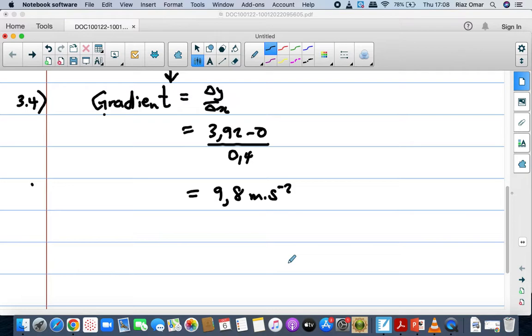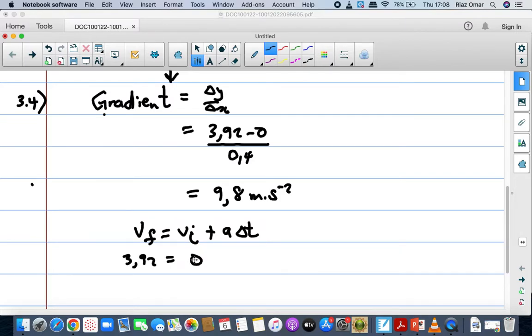However, if we don't want to use the gradient on the graph, we can use equations of motion. We can say Vf is equal to Vi plus A delta t. And your final velocity is 3,92.